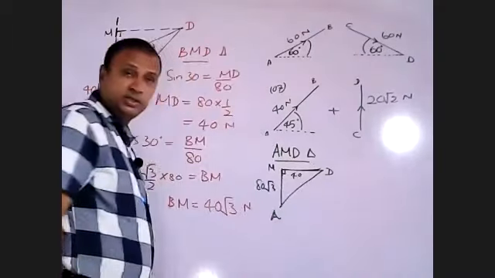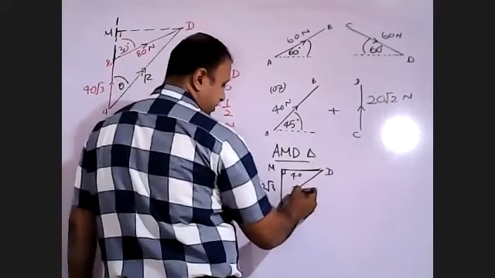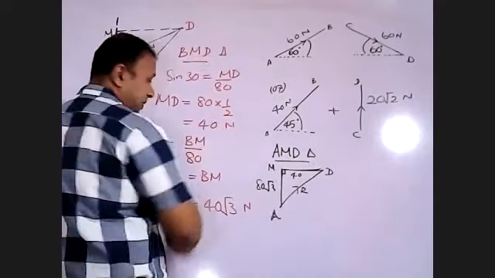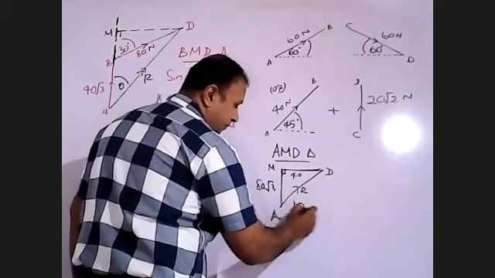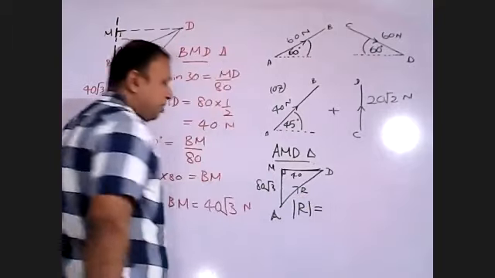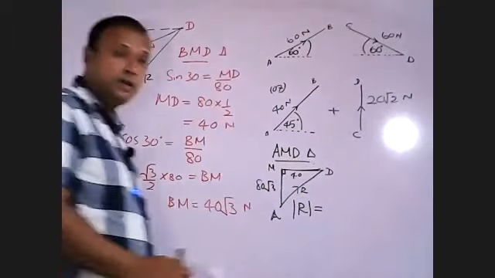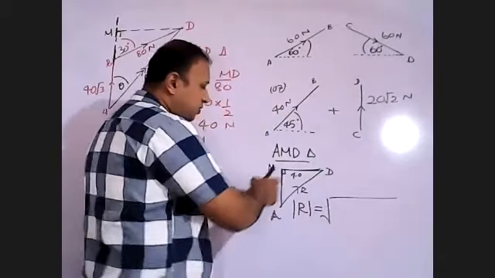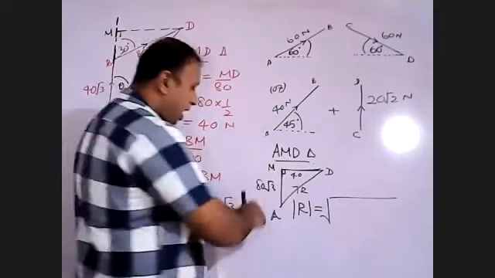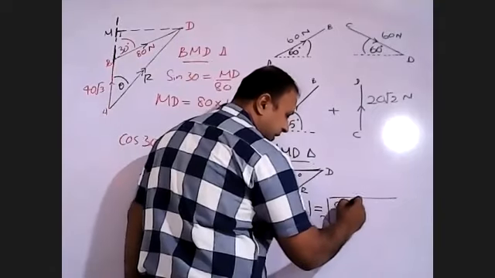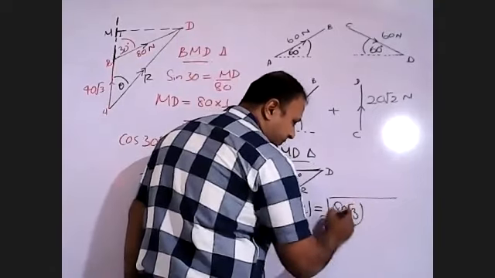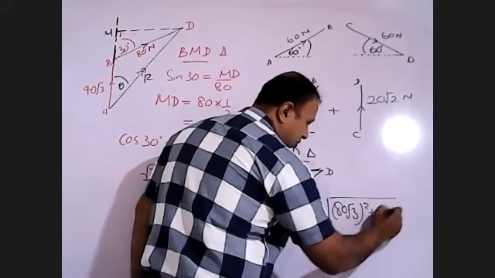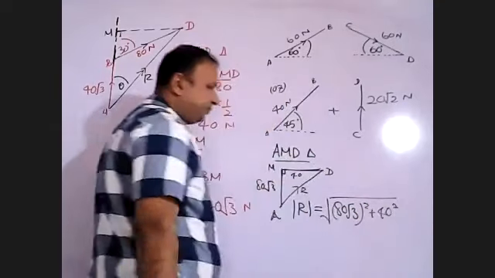So I can write, this is my R. The magnitude of the resultant vector is equal to the square of this one plus the square of this one: 80 root 3 squared plus 40 squared.